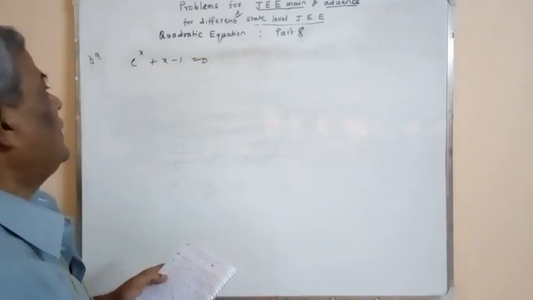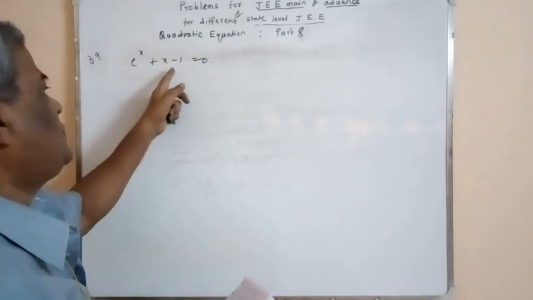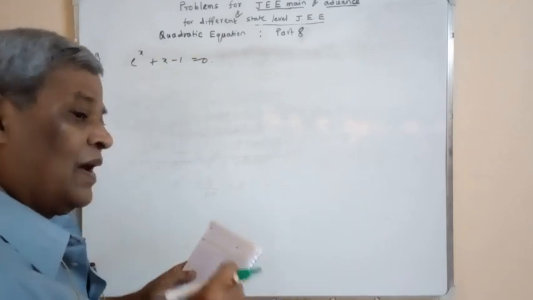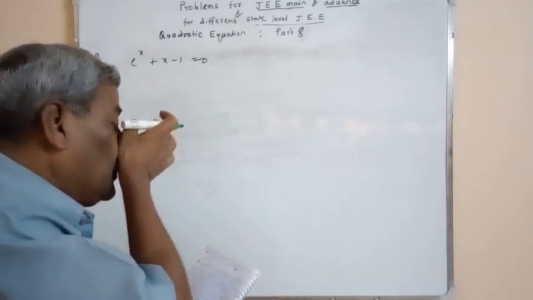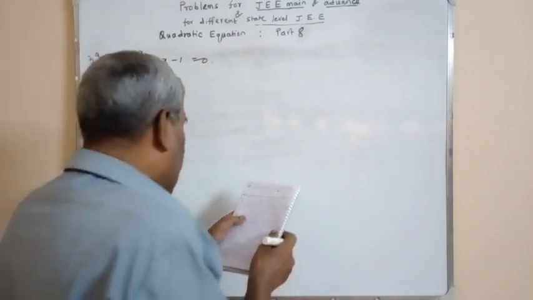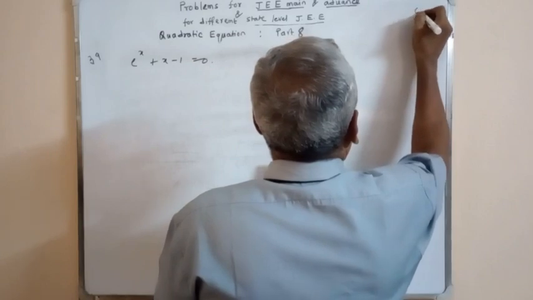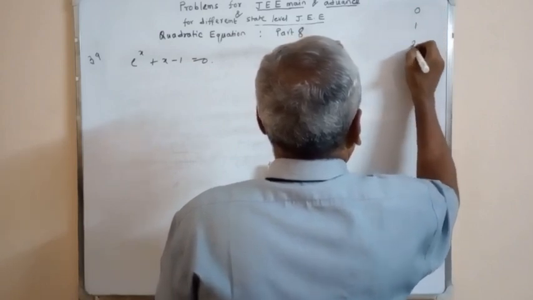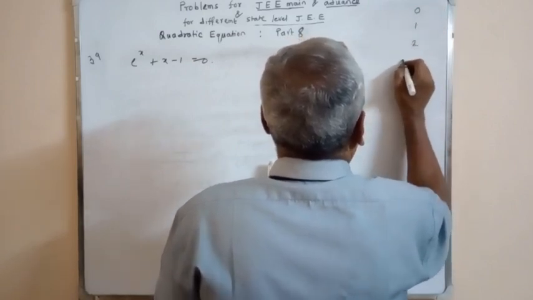Apart from 0, the number of roots of this equation, not the roots, but the number of roots. And the options are 0, 1, 2, and infinitely many.